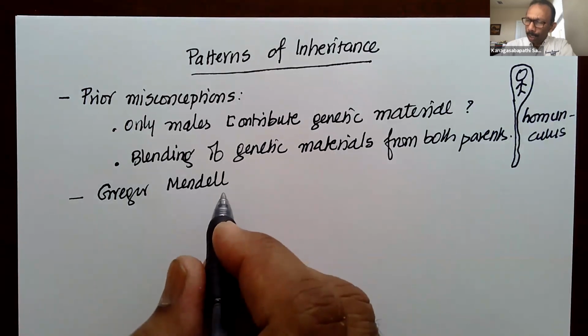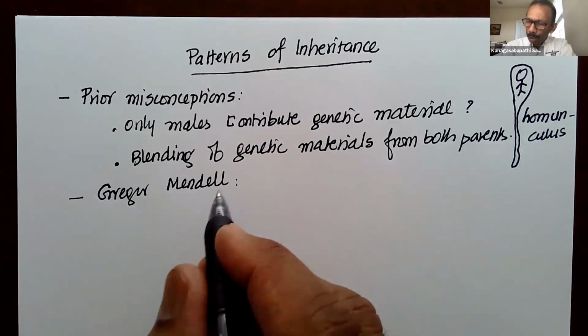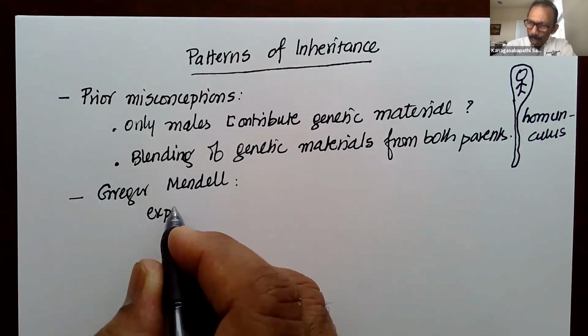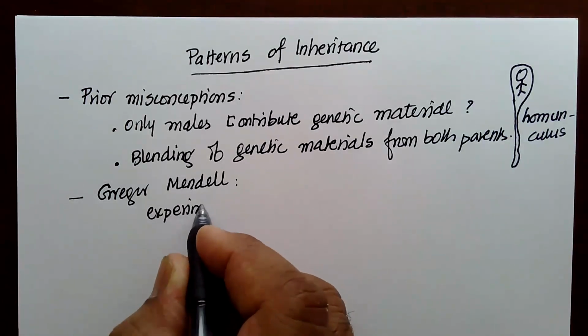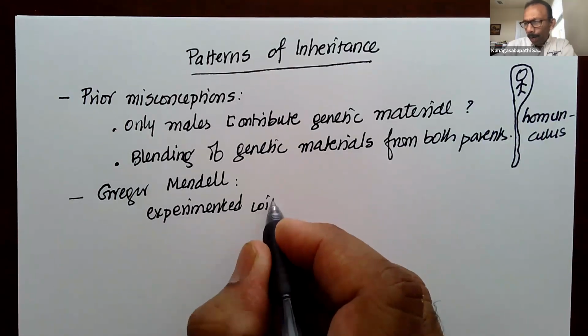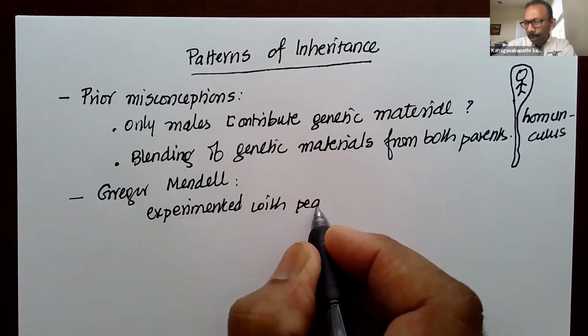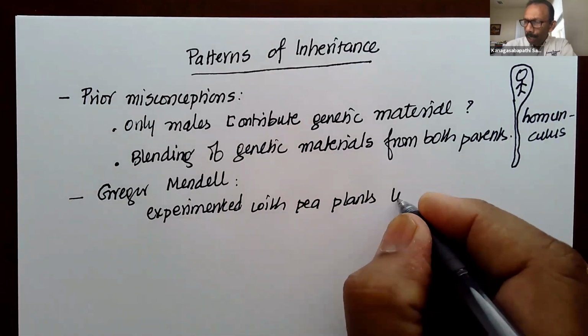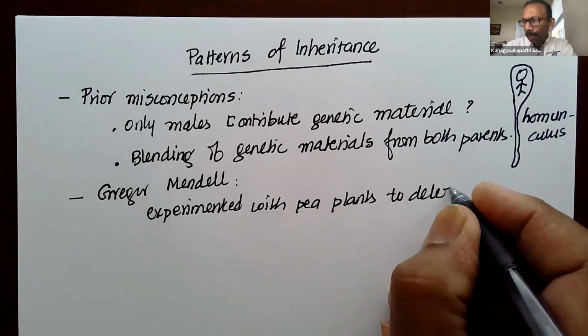So he was in his monastery doing experiments with pea plants, in a very short time, to determine the patterns of inheritance.